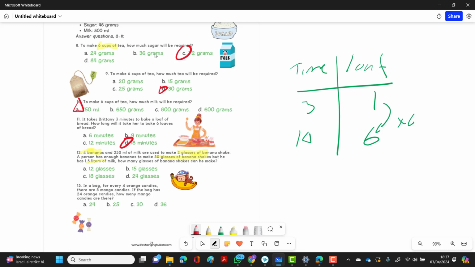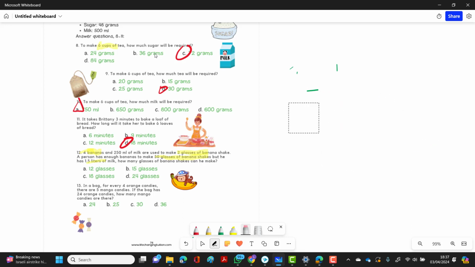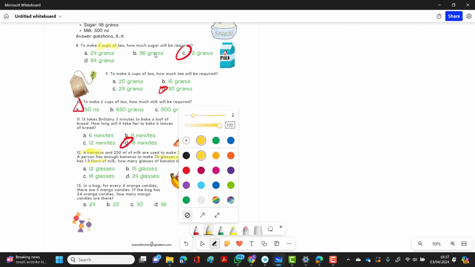Number 12. Okay, let's see. 4 bananas and 250 milliliters of milk are used to make 2 glasses of banana shake.